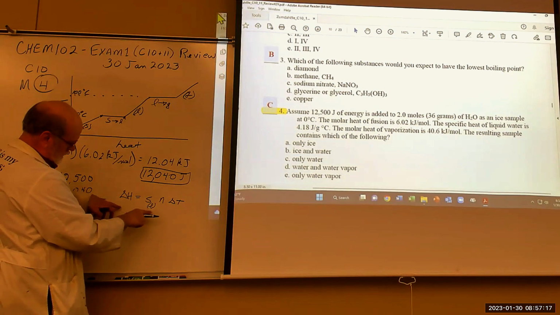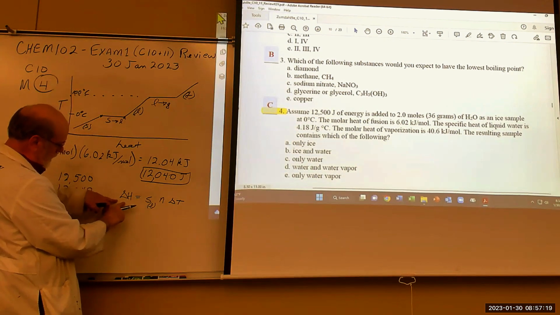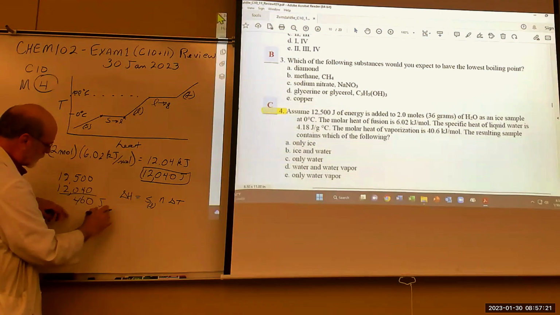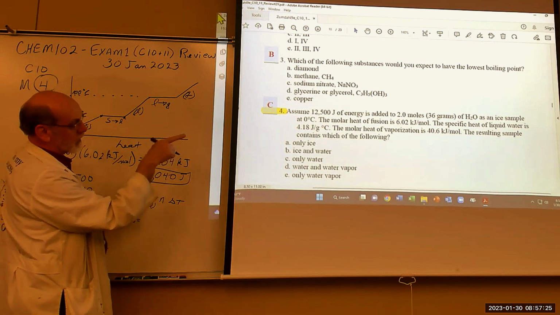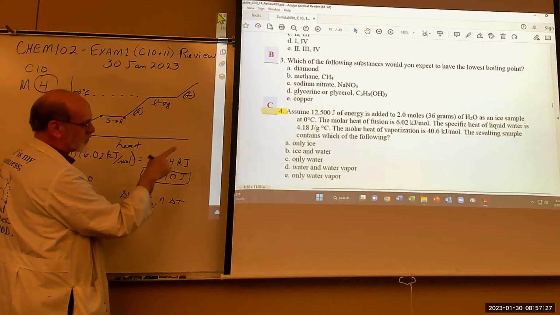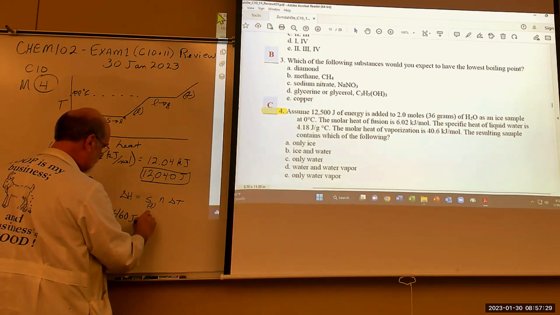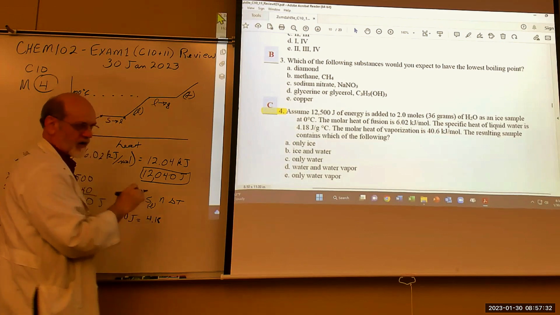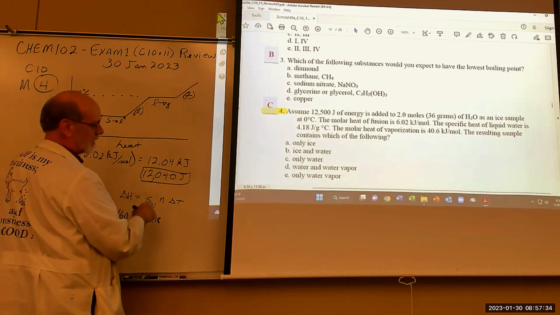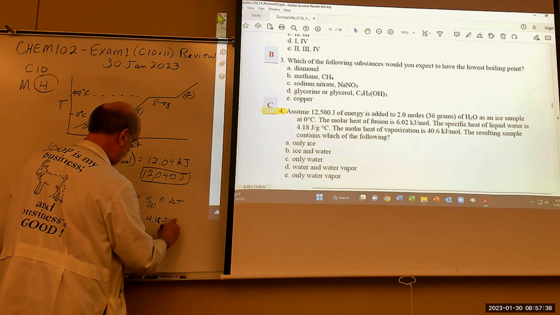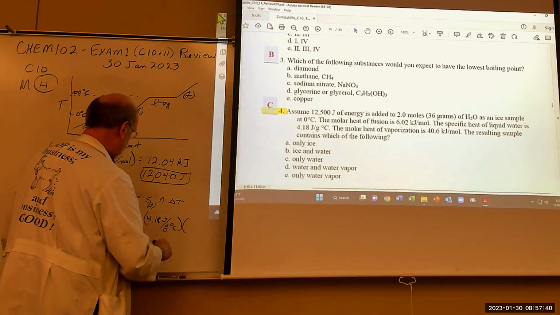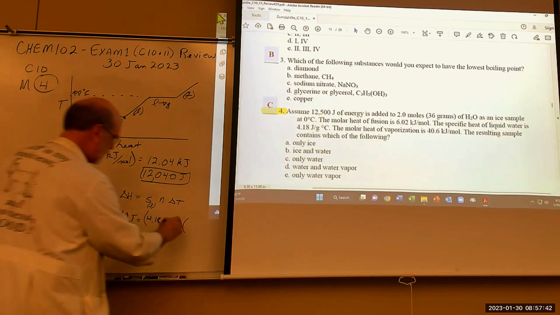Okay. So we know what we have available is 460 joules. We know that 4.18 joules per gram degree C is S. This is back to our calorimetry in first semester. How many moles we have? 2 moles.